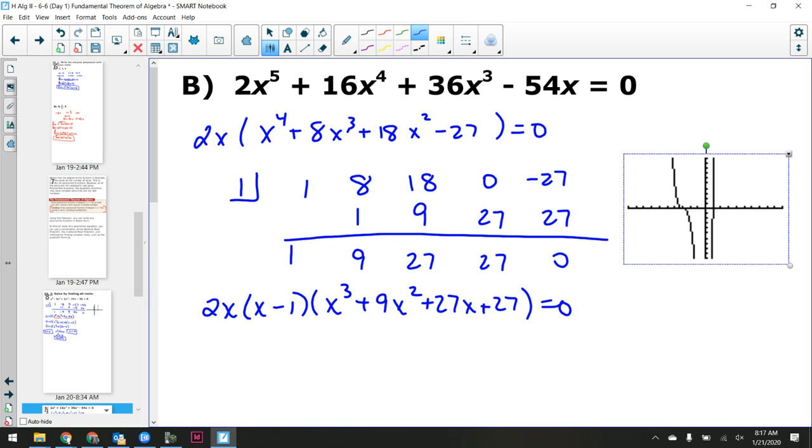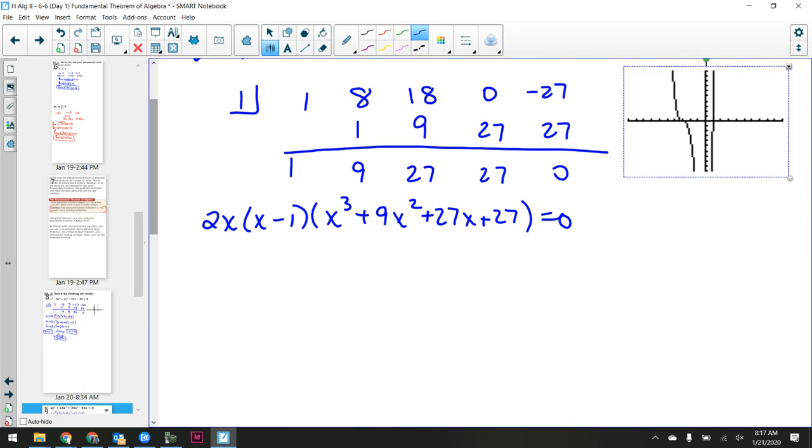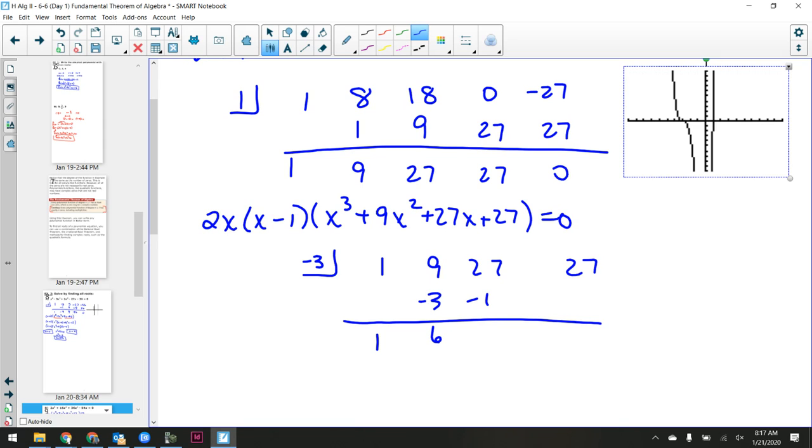And now I can use my -3. We saw a bend through at -3, so I know there's at least 3 roots there. With a 1, a 9, a 27, and a 27, which gets me that. So we have a 2x, an x minus 1, x squared plus 6x plus 9.